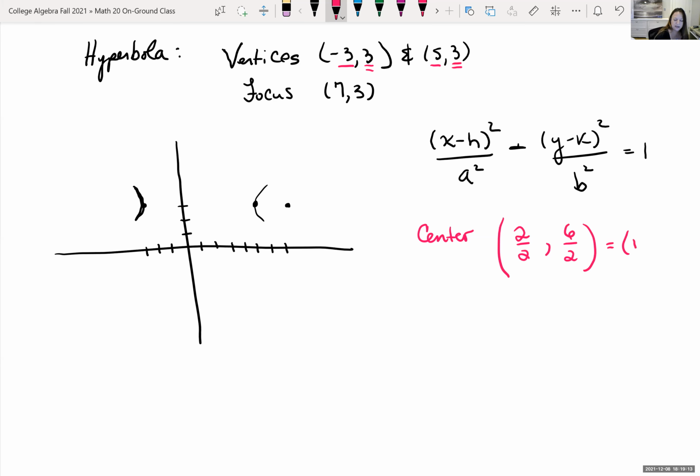Or reducing it, it's at 1, 3. So we actually know what our h value is. h equals 1 and k equals 3. So let's just plug that in there now. We know that h is 1 and k is 3.